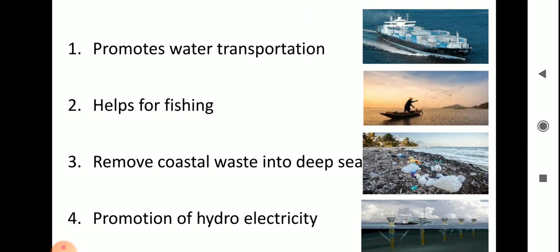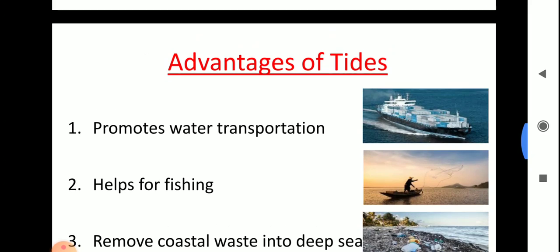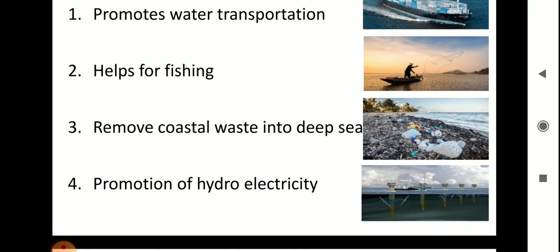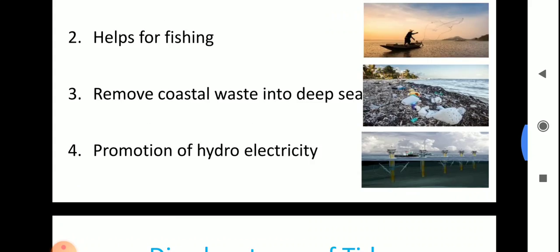Because of the tidal flow, tidal energy is being generated. Some projects are there, like Sundarban in India. So these are some advantages of tides: promoting water transportation, helping fishing, removing coastal waste into the deep sea, and promoting hydroelectricity.